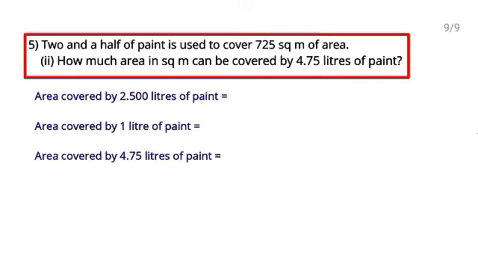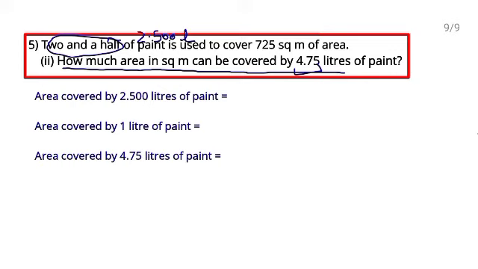Next, second part of this question number 5. How much area in square meters can be covered by 4.75 liters of paint? 2.5, it means 2.500 liter paints का given था and they are asking for 4.75 liters.